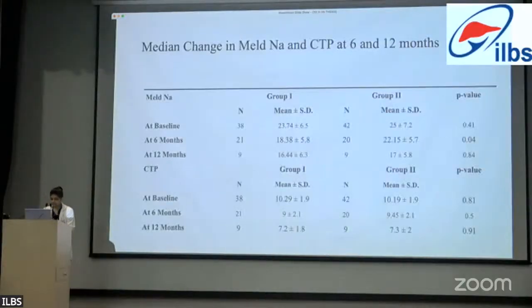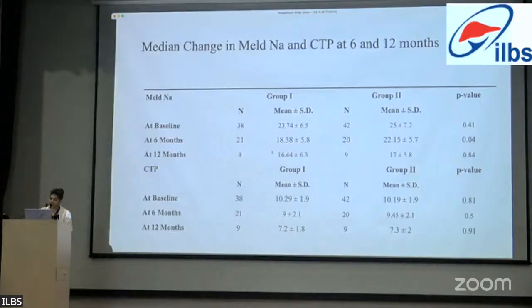Now, median change in MELD and CTP at 6 and 12 months. At baseline, the median MELD was 23 and 25. On follow-up compared to baseline, 21 patients in group 1 had completed the 6-month period, and 20 patients in group 2 had completed the 6-month period. The median MELD reduced from 23 to 18 in group 1 and 25 to 22 in group 2.